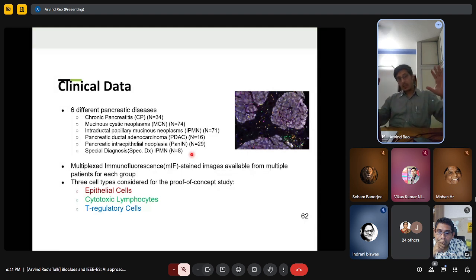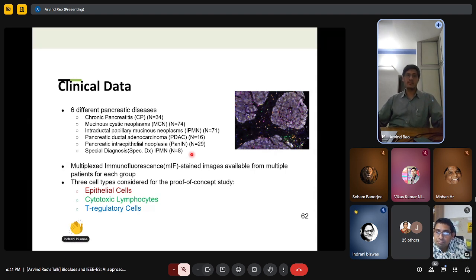And while we can stain for a lot of cells, we just take 3 cell types just for illustration. Epithelial cells, which are cancer cells, CTLs, which are immunoactivating cells, and Tregs that are immunosuppressive.